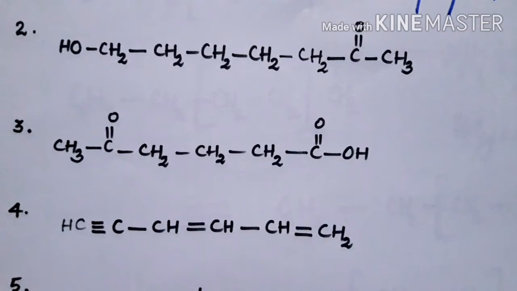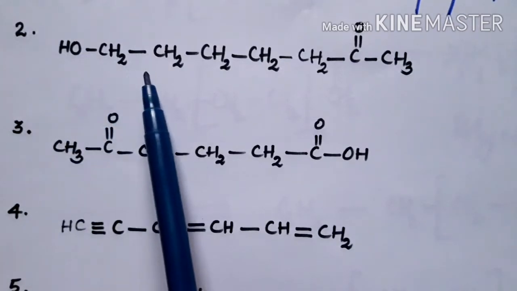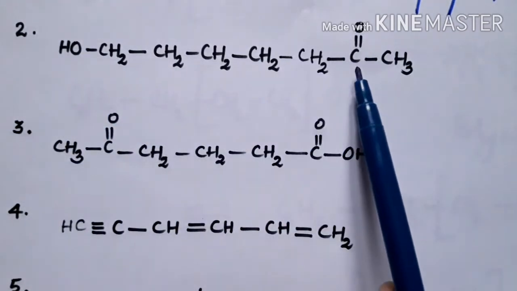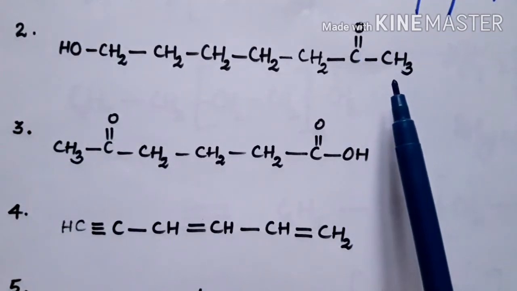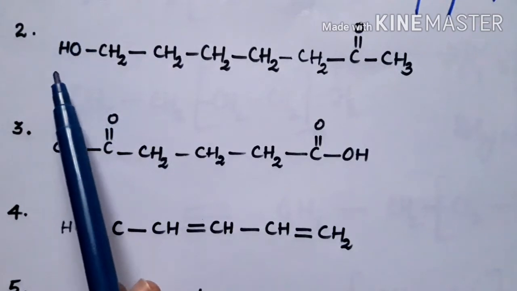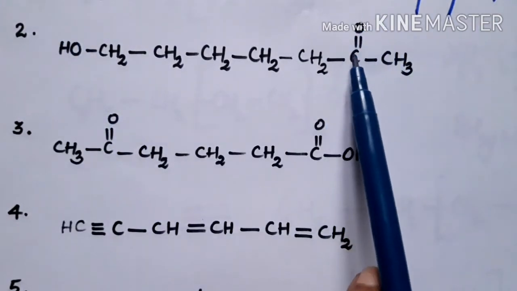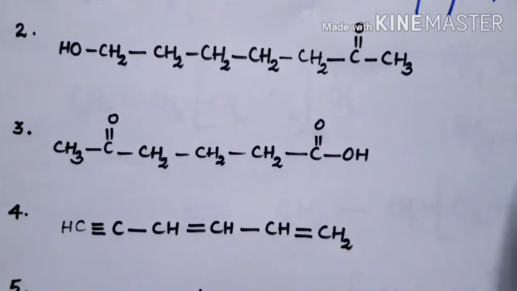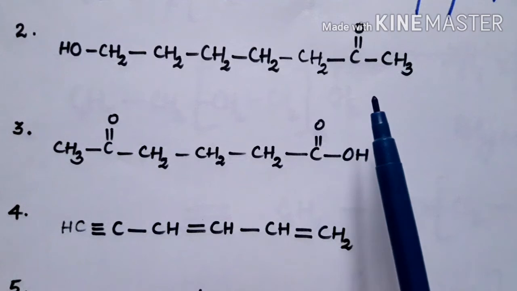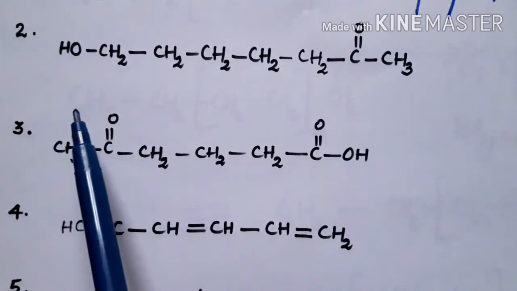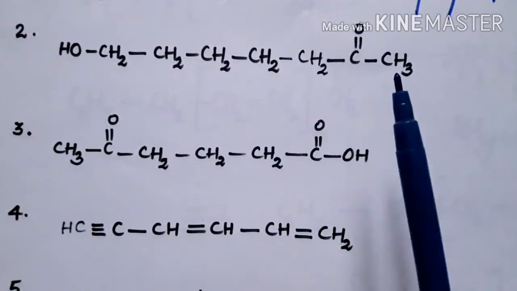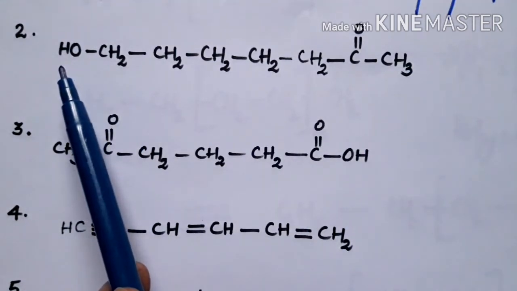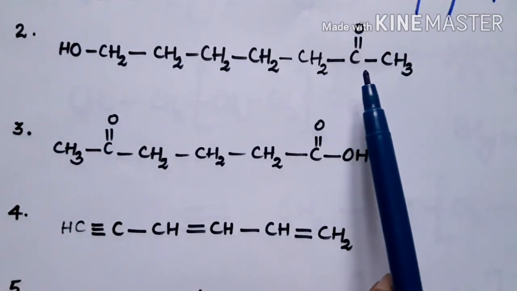Second compound has the structure OH, CH2 five times, C double bond O, CH3. Now which are the substituents here? We have an OH group as well as a CO group. Now we have to decide which is the primary or principal functional group. Here, on considering the priority order, you find that ketones come first compared to alcohols. So ketones must be given priority.